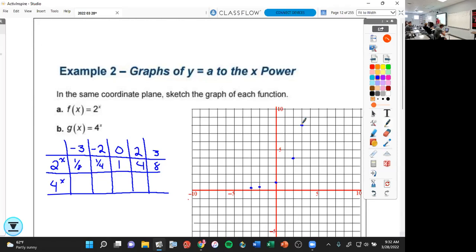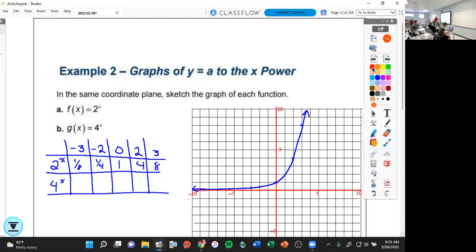Halving. Will that ever get to 0? Theoretically speaking, if I took the number 1 and cut it in half infinitely many times, I would still not be at 0. Right? Okay. So the x-axis is called what? An asymptote. Perfect. That's not a bad graph.